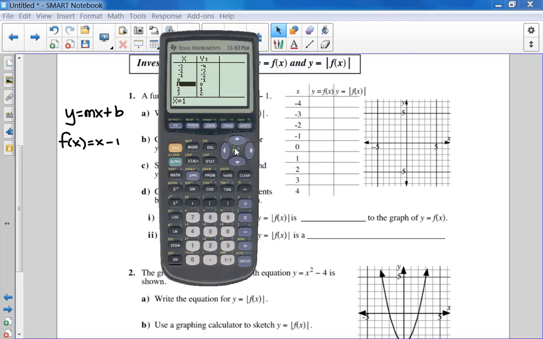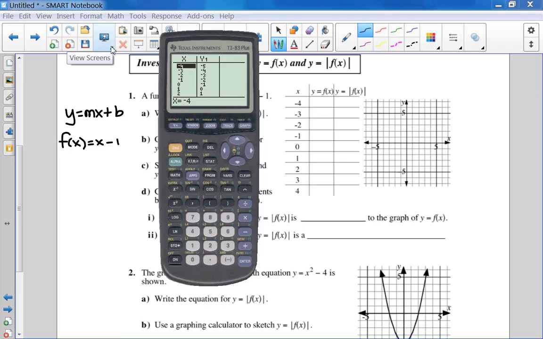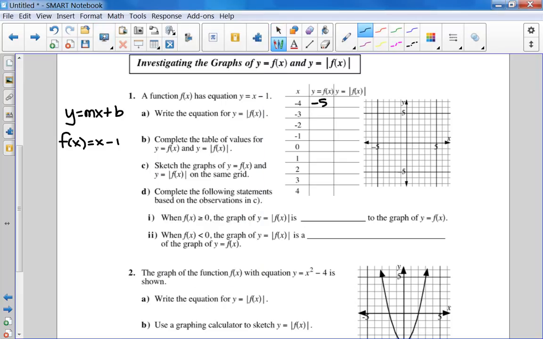So let's copy down our table onto the page. When x is -4, y is -5. And then it's just going up 1 every time. So up 1. This is the point that we're interested in, the x-intercept.